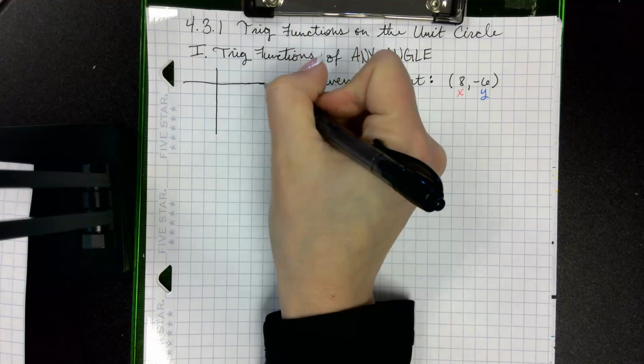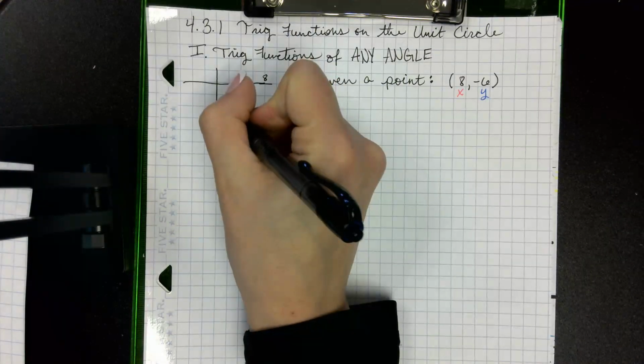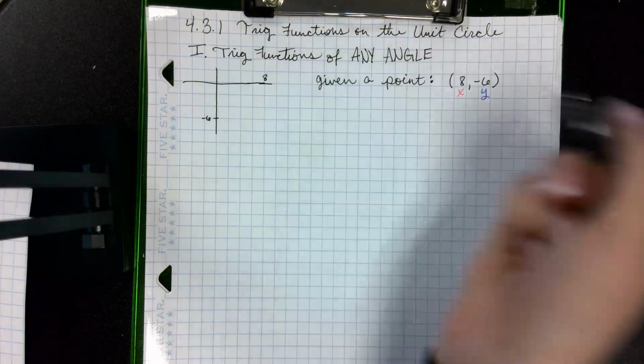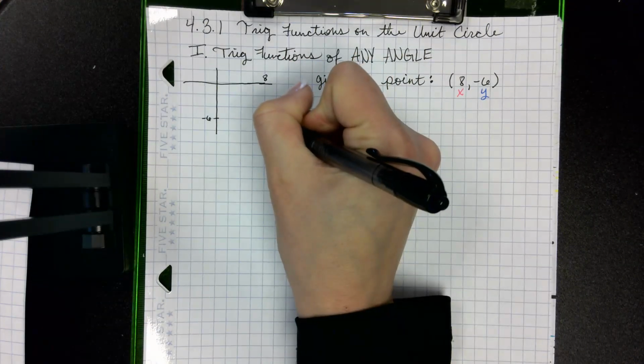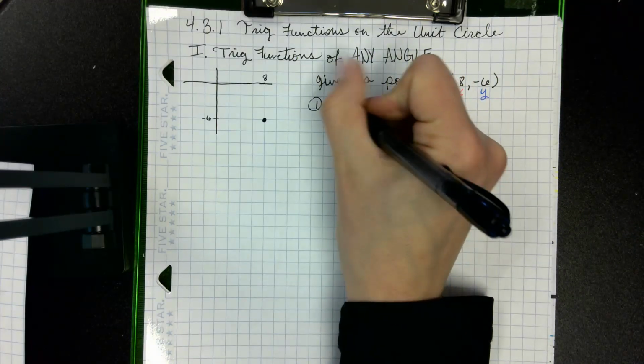1, 2, 3, 4. I'm just going to count by 2s, make that my 8. 1, 2, 3, make that my -6. So then I have a point right here. That's step 1, plot the point.